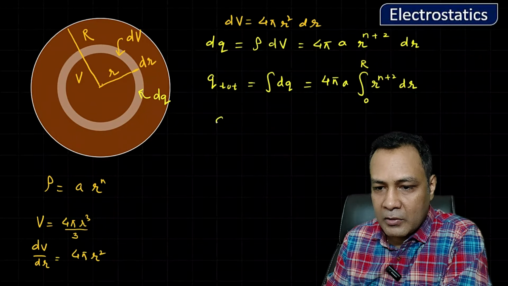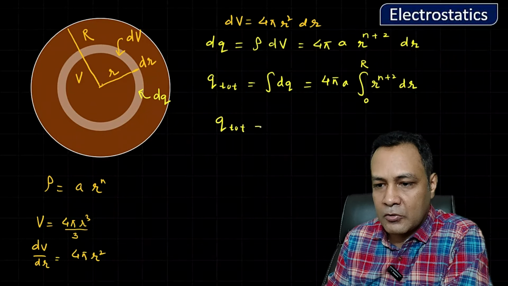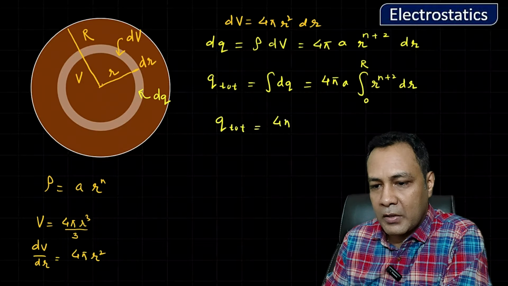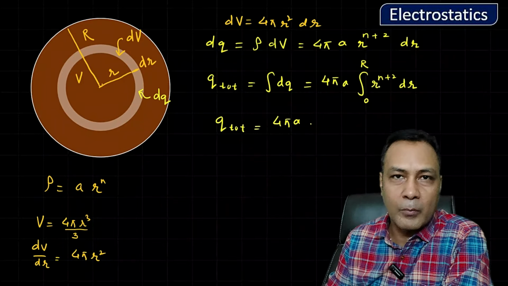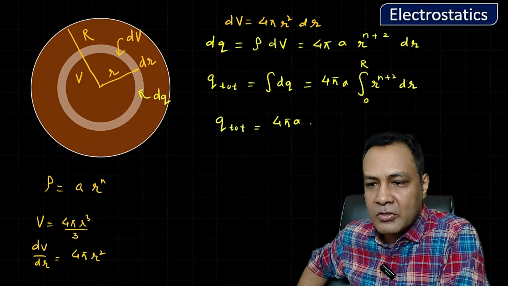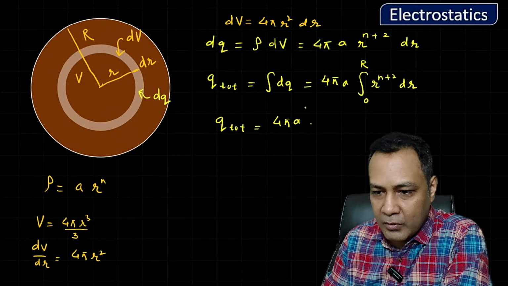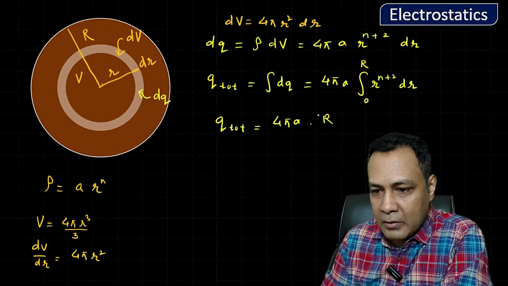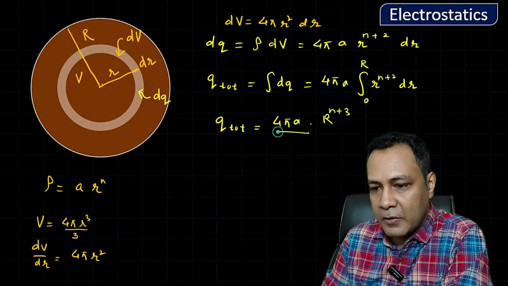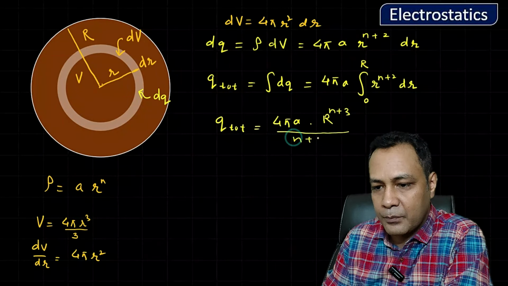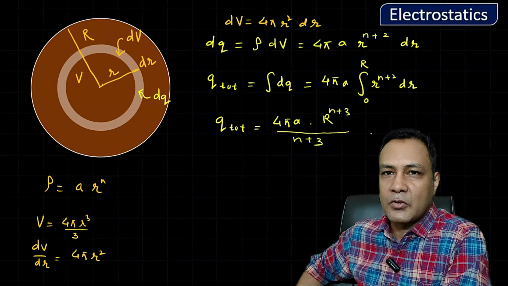So finally Q total is equal to 4 pi a, and if I integrate it, this will become r power n plus 3 by n plus 3, and putting the limits, we get capital R power n plus 3 divided by n plus 3. That is this equation.